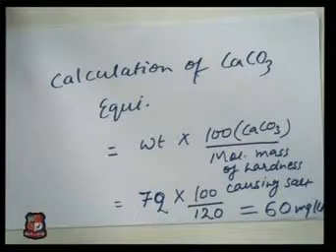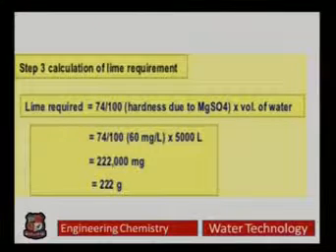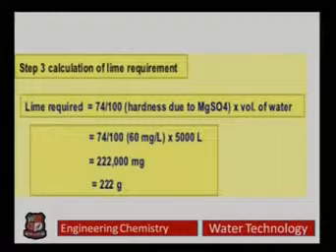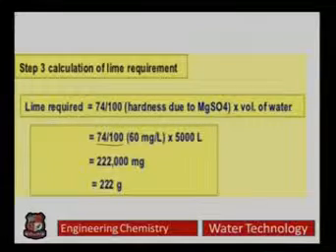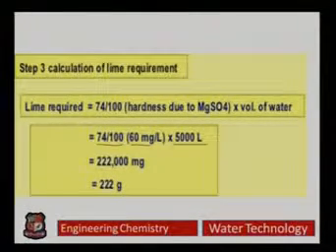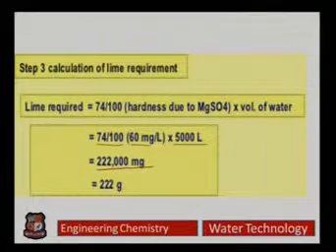And the lime formula we all know: 74 by 100 into hardness due to magnesium sulfate into volume of water. Volume of water given is 5000 liter. So it is 74 by 100 into 60 into 5000, that gives you 222,000 milligram.